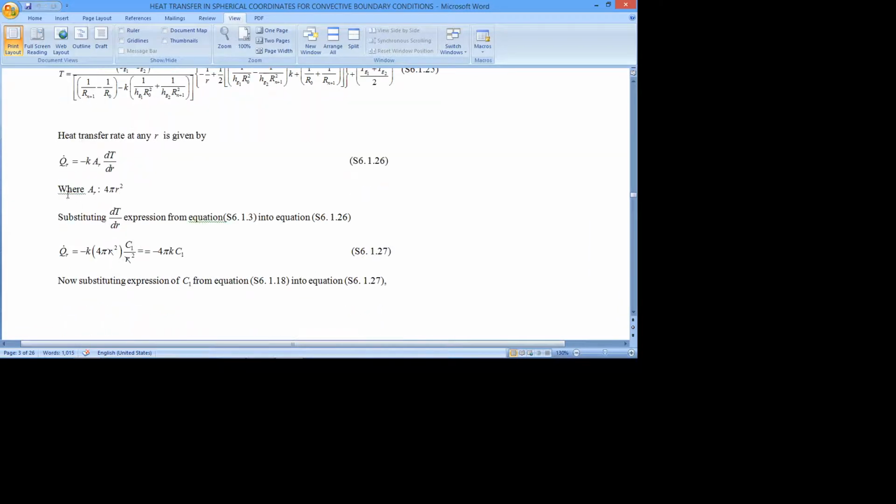Heat transfer rate is given by minus K AR dT upon dr, where AR is the area corresponding to position R, 4 pi R square. The dT upon dr expression can be given from that first equation here, that is C1.